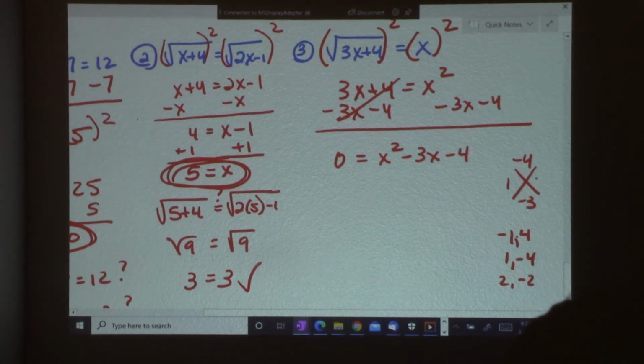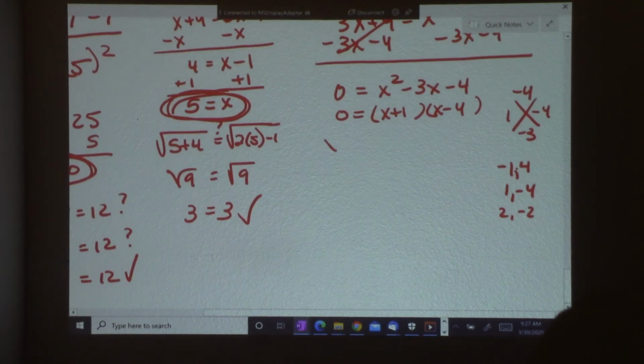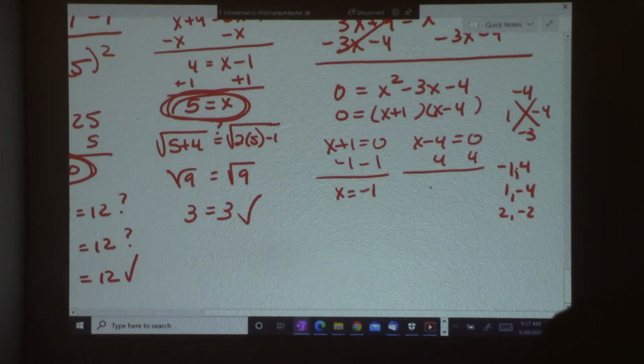Okay, so it would be 1 and negative 4. So x plus 1, x minus 4 equals 0. So x plus 1 equals 0, x minus 4 equals 0. Subtract 1. Add 4. And those are my two potential answers.